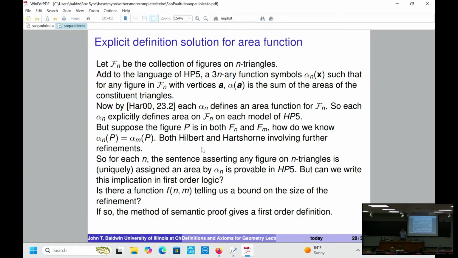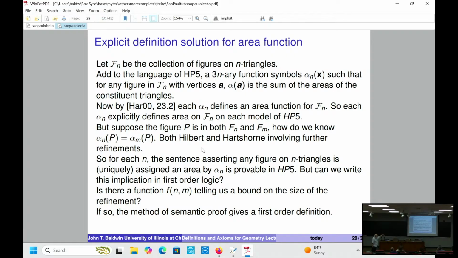And see this, yeah. So what I say here is right, but it only does half the problem. I'm going to let script F sub n be the figures that are unions of n disjoint triangles, and then you add a 3n-ary function symbol that tells you that any figure in F_n with vertices a bar, alpha of a bar, is the sum of the areas of the triangles.